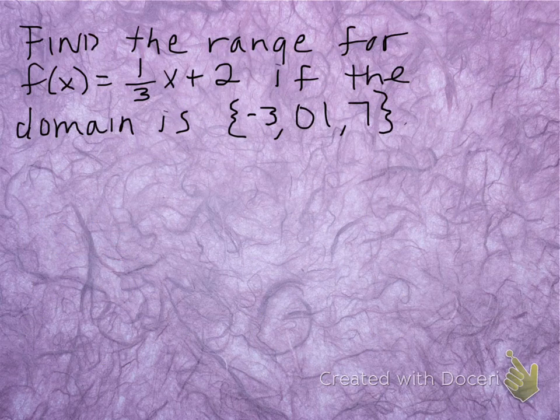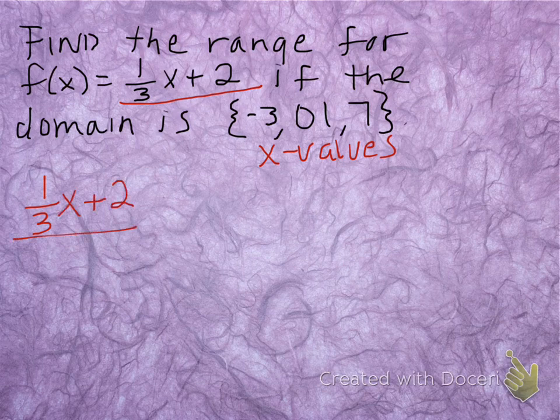All right, and our last problem that we're going to do. We have 1/3 x plus 2, and our x values are negative 3, 0, 1, and 7, because that's the domain. So we have the function 1/3 x plus 2 that we want to plug our values into.